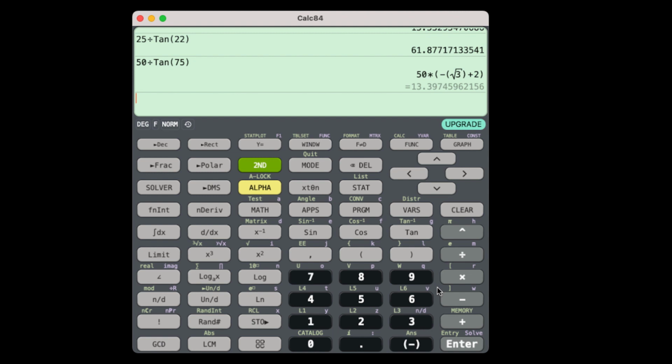What is this going to be? 13 point what? Is that 13.4? All right. What's the next one? Isn't that 50 divided by tangent of 50? Is that right? And that one's going to be what? Yeah, it's going to be about 42. Okay, 42.0. Good, good.